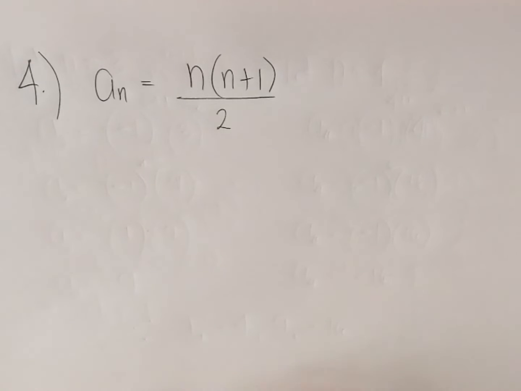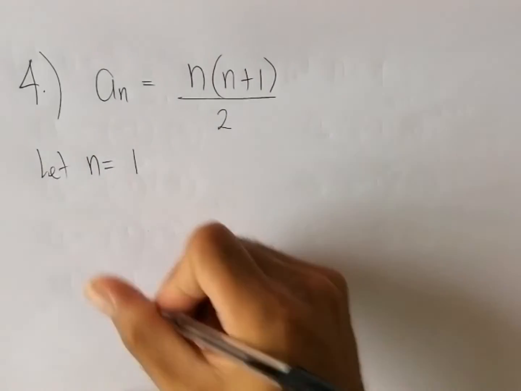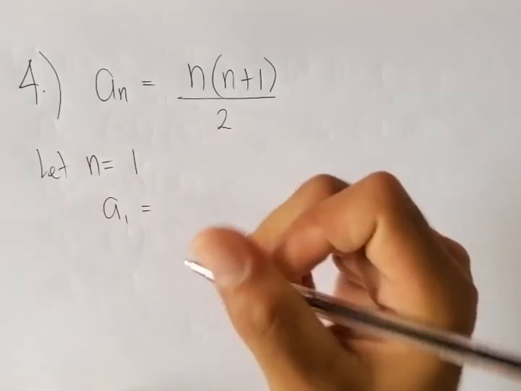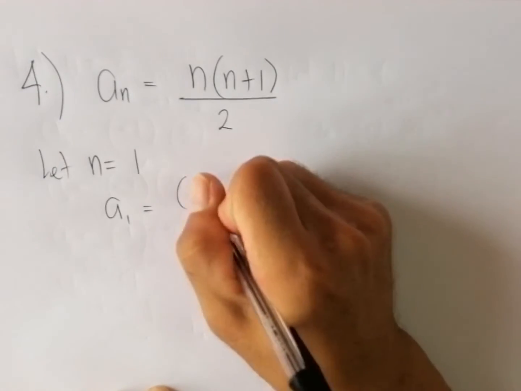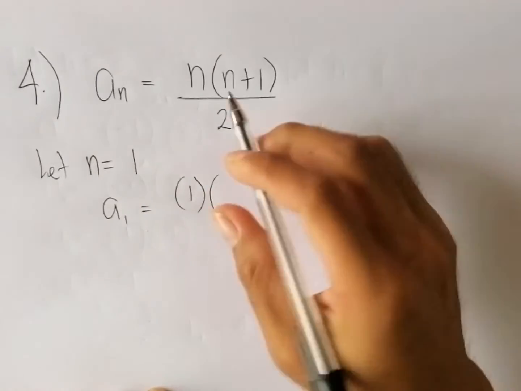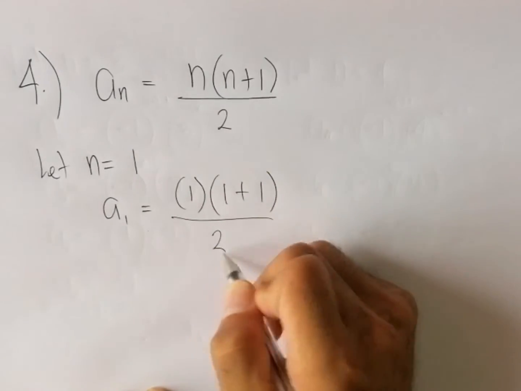Number 4, a sub n is equal to n times the quantity of n plus 1 all over 2. So let n is equal to 1. So we have a sub 1 is equal to, n is 1, so we have 1 times the quantity of 1 plus 1 all over 2.